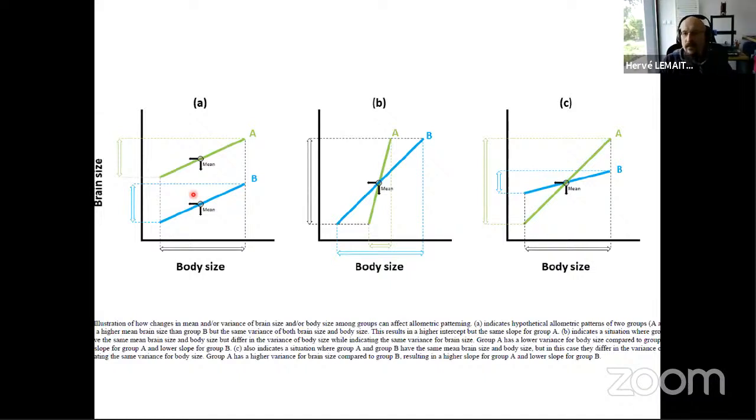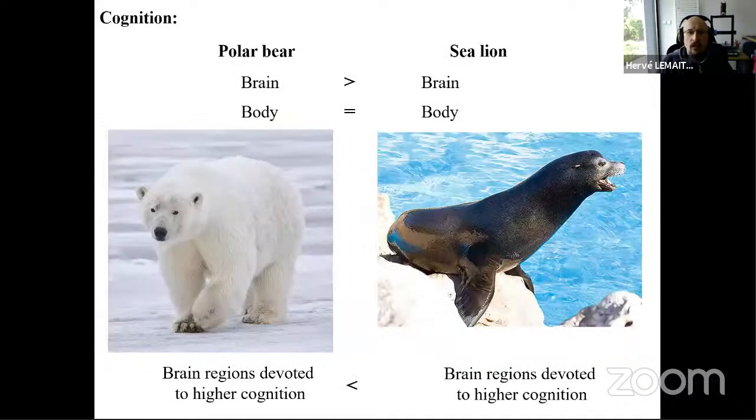So they make this story about these different changes of slope, variance, and selective pressure. The last thing they discussed was cognition, because at the beginning they said, we are looking at the brain size because we know it's affecting the way cognition is done.